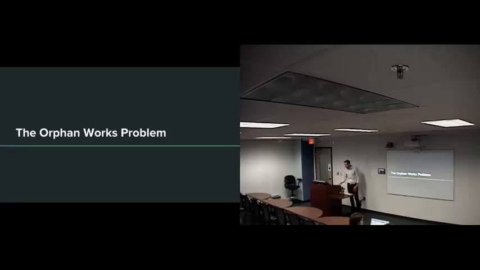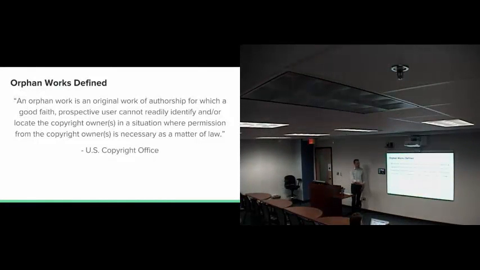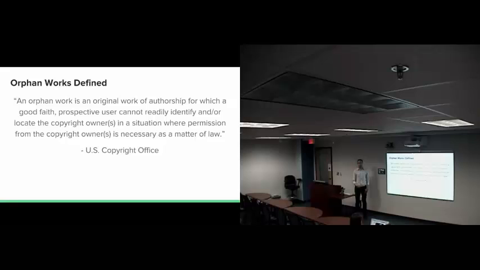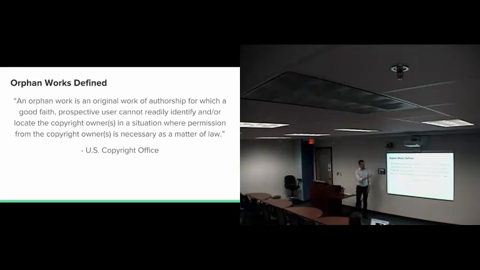I'd say there are really two components to orphan works. Number one, it's a work that's still in copyright. And number two, it's a work for which the owner is either not identifiable or not locatable. The first part is important because that really gets at why this is a problem. Really old works are usually in the public domain, so it's not such a concern who created them, because copyright protection doesn't apply and you can reuse that material without permission.